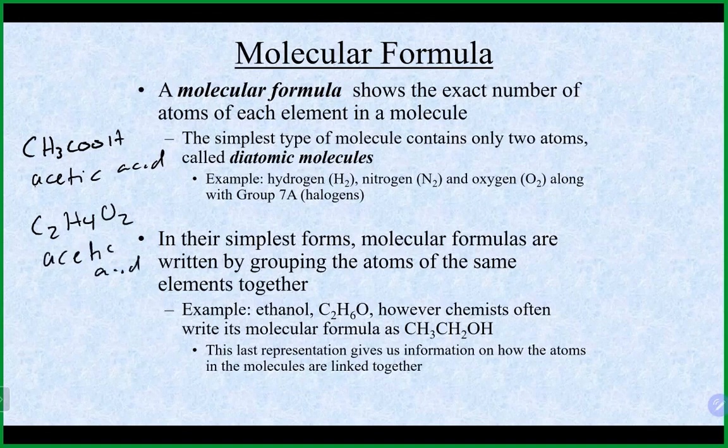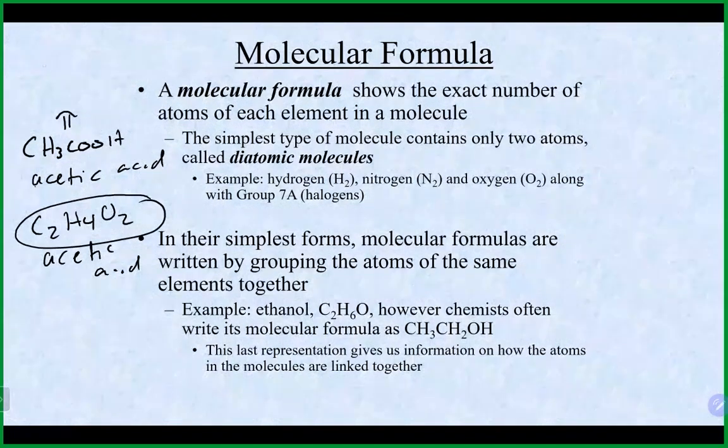If you count up what is present in both of those formulas, they both have two carbons, 4 hydrogens, and 2 oxygens. The bottom formula pretty much just tells you what elements are involved. The top one here actually gives you some structural information about how things are connected. So if you were to draw this, it looks something like this.